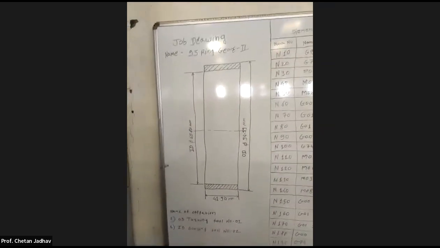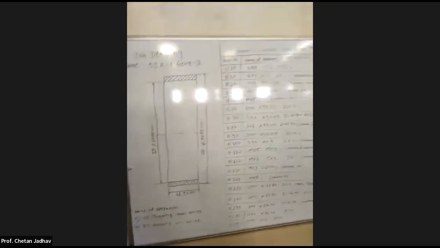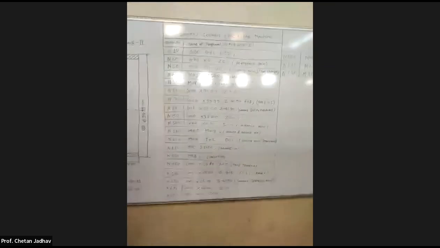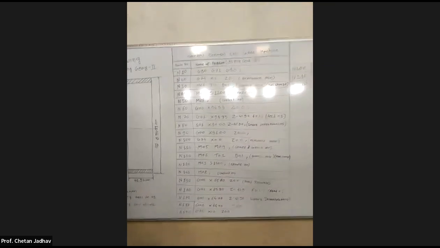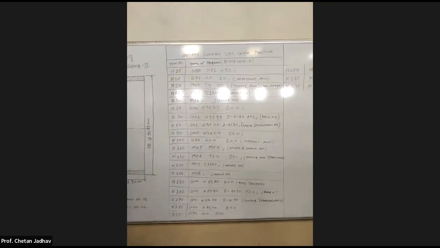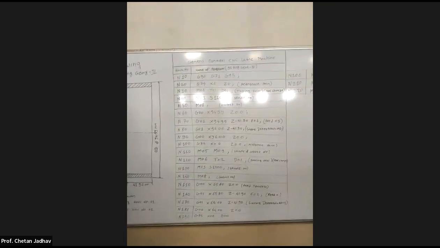From that you can write the table. Once you succeed in writing the table of coordinates of the axes, it is very easy to write CNC part programming for any drawing. So this is from my side.